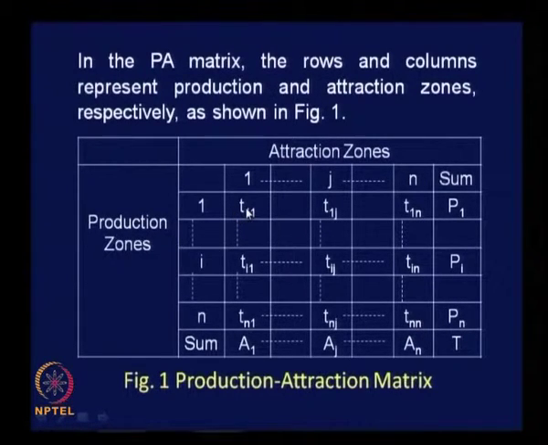This is produced in 1, attracted to 1, here it will be produced in 2, attracted to 1, produced in 3, attracted to 1, right. All these things are trips attracted to 1, right. See, last value is produced in n attracted to 1. So that is how the column total should give you the total trip attraction in a particular traffic zone, right. So this presentation of the trip attraction distribution data in the matrix form is very helpful.